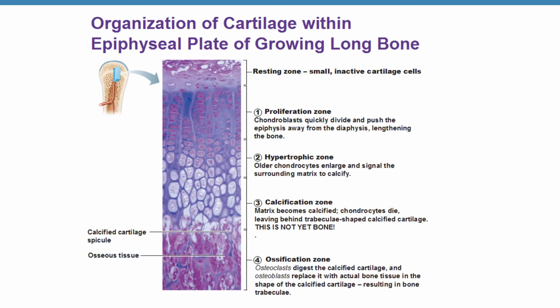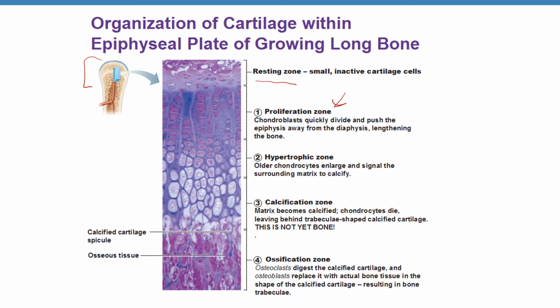So when we look at this epiphyseal plate, it's located in the epiphysis, right? And it can be divided into several zones. In some books, they start with the proliferation zone. In other books, they're gonna start with the resting zone.